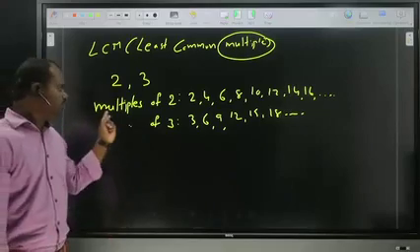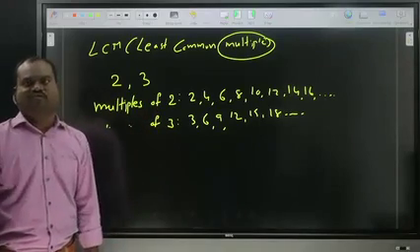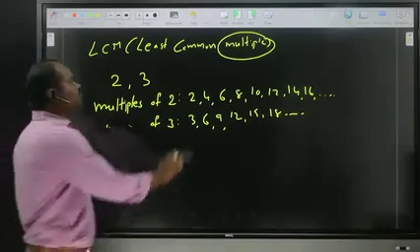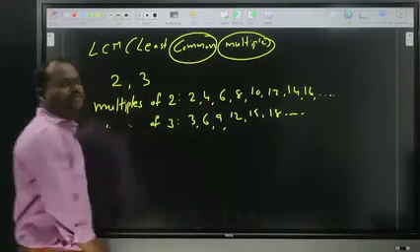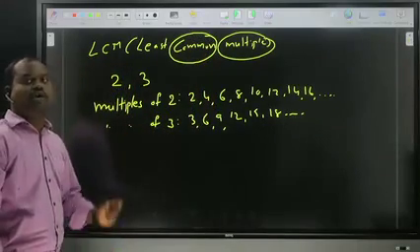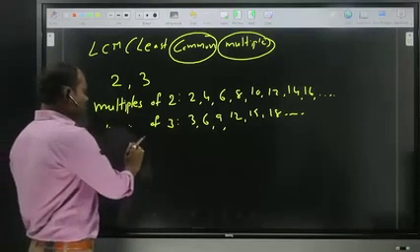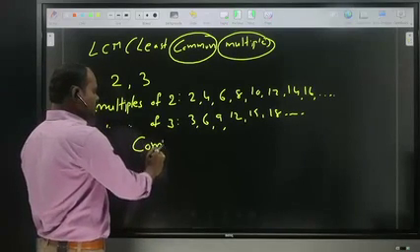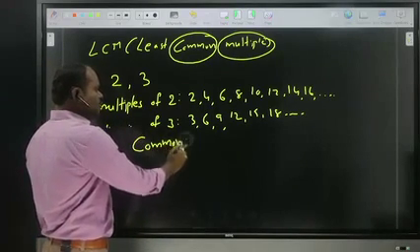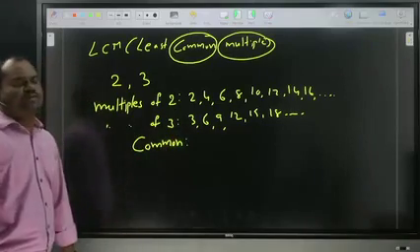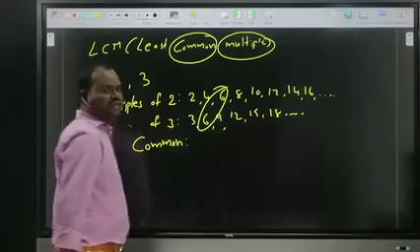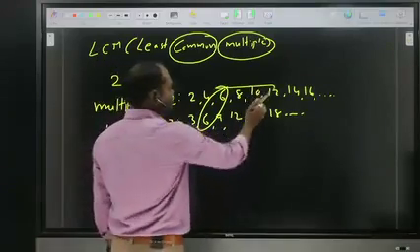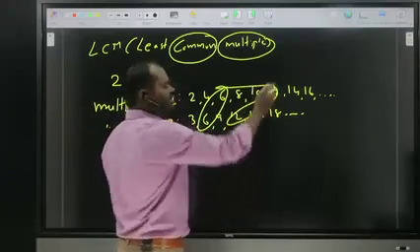Now we wrote the multiples of 2 as well as the multiples of 3. From those multiples, we should select the common ones. Observe in both cases, what are the common? 6 is common. If you continue, 12 is also common, and you will get some more.